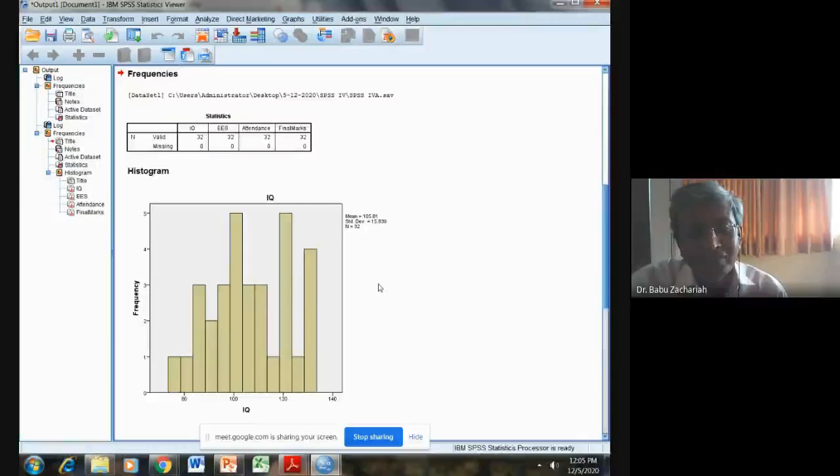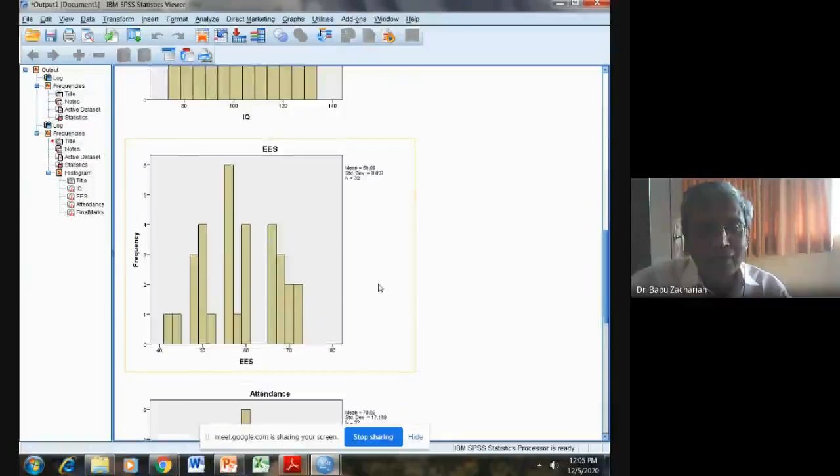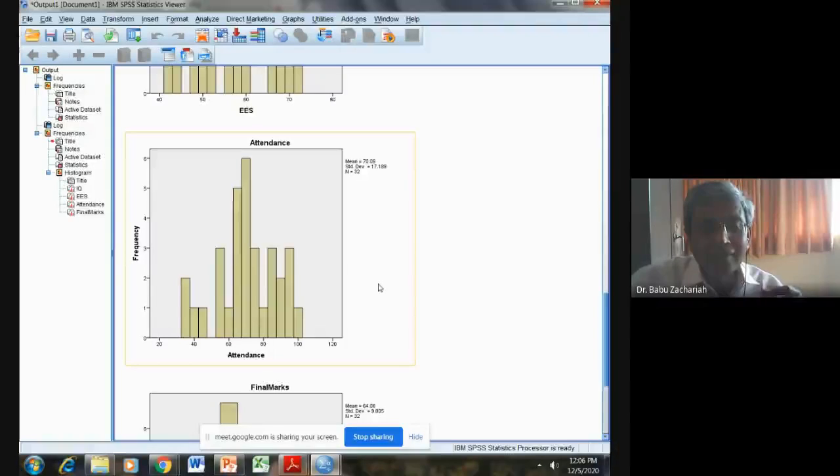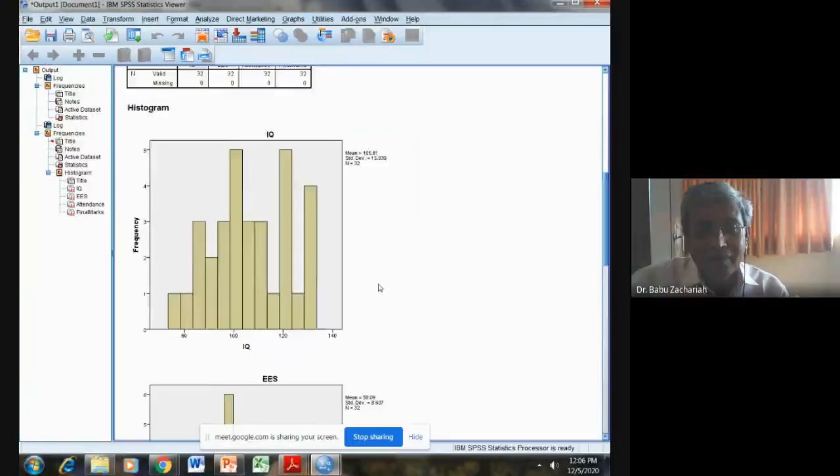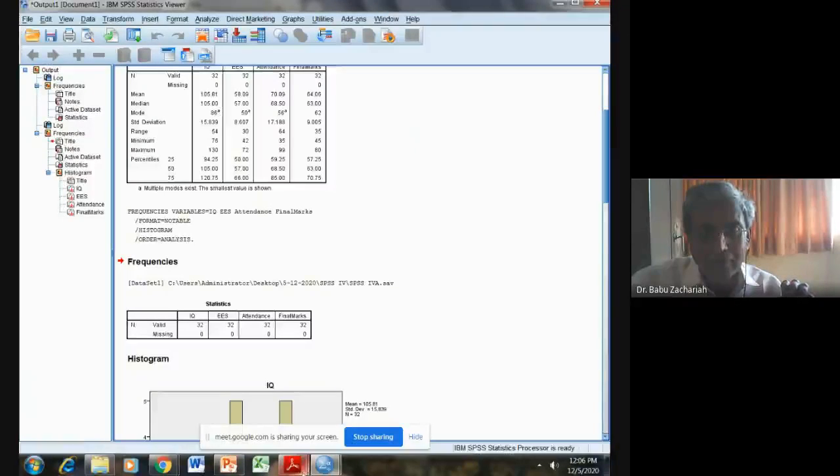Yeah, this is a histogram of IQ and entrance examination marks; in the histogram, there are gaps. And again, attendance, this is a histogram. Final marks, this is a histogram. Okay, that is over. Next one.